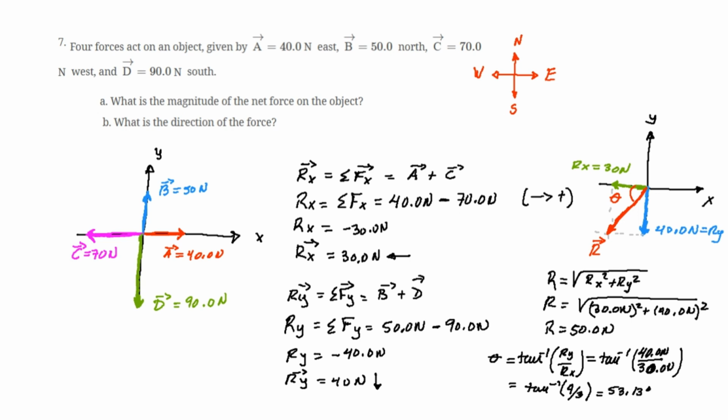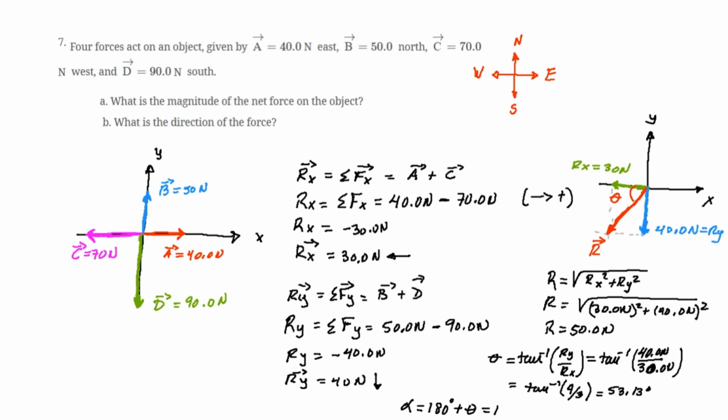So 53.13 degrees is the angle being measured from the negative x-axis to R. Now, if you want to say alpha will be the angle if I measure R from the positive x-axis, alpha would be 180 degrees plus theta.